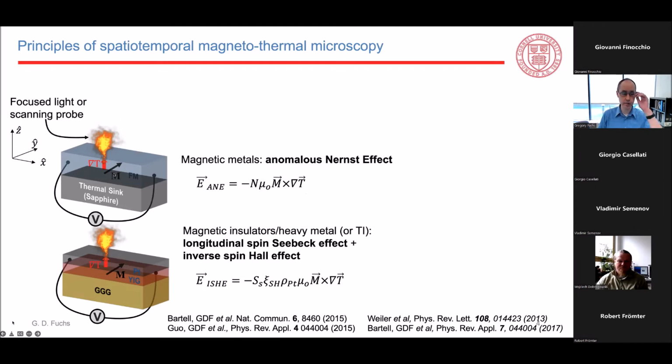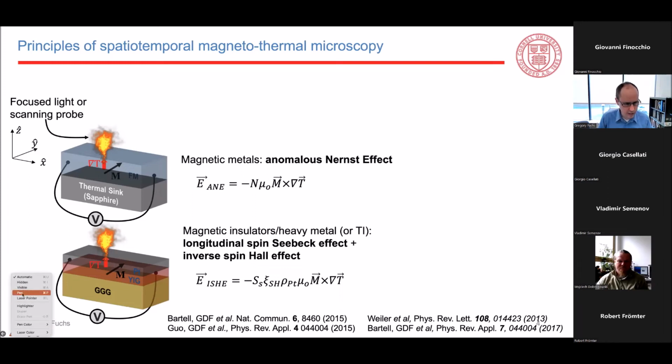So the typical geometry for our experiments is that we would look at an in-plane magnetic moment in which there's an out-of-plane temperature gradient generated by our heat pulse, and then the electric field would be collected by the electrodes of the sample if the magnetization is along the y-axis in these coordinates over here.